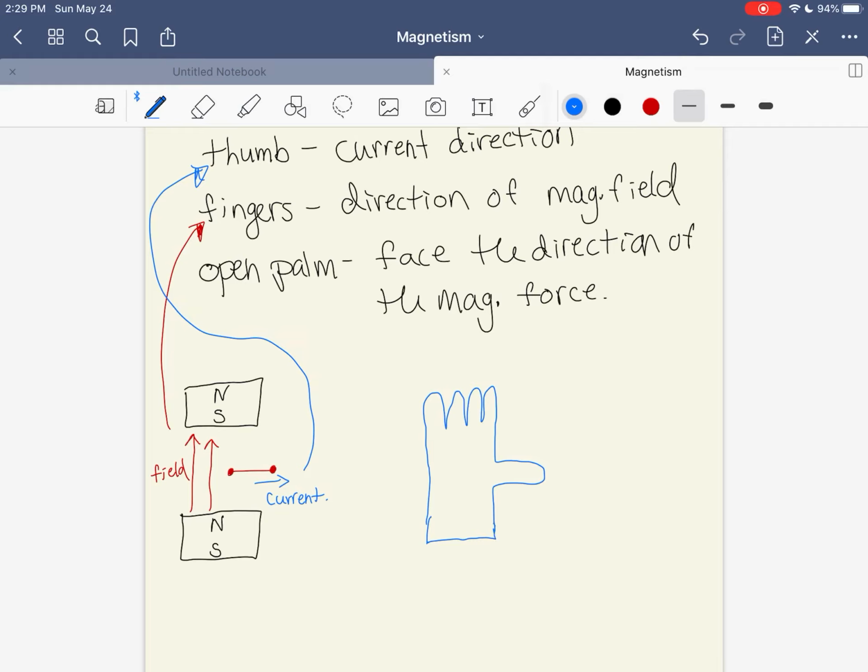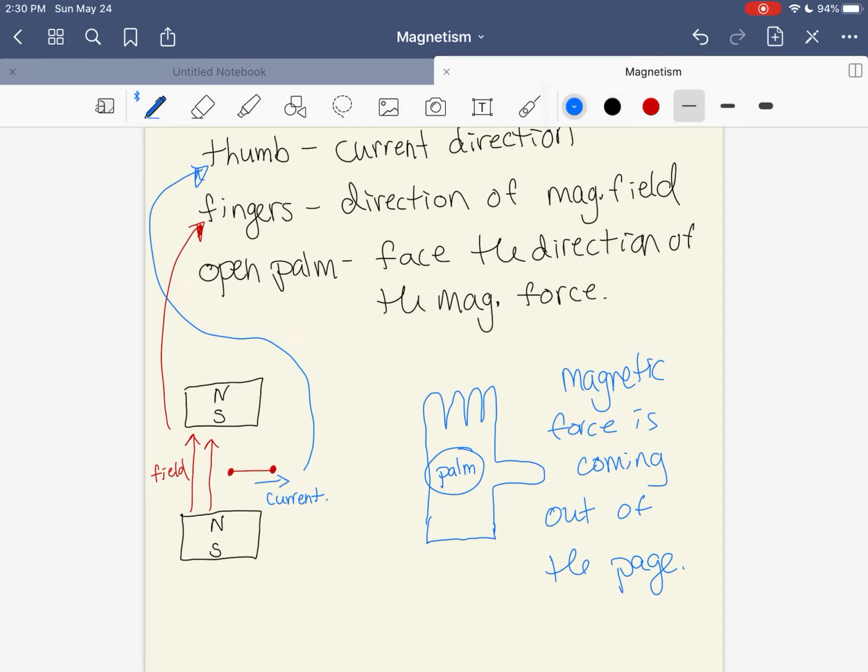My thumb is pointing in the direction of the current, my fingers are pointing with the magnetic field, and this is my palm, which means my palm is facing out of the page. That is the direction of the magnetic force. So the magnetic force is coming out of the page, towards you.